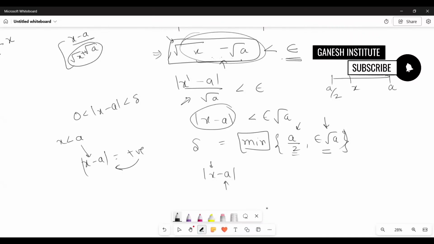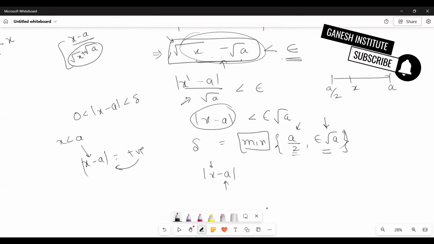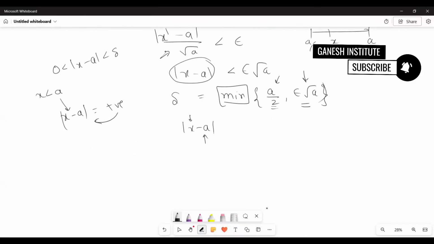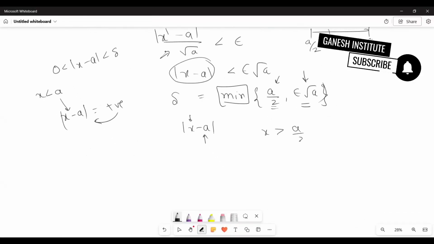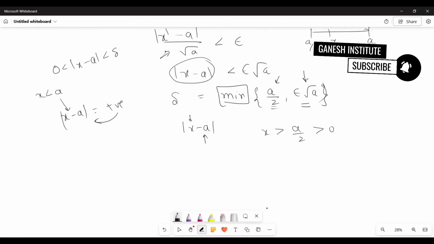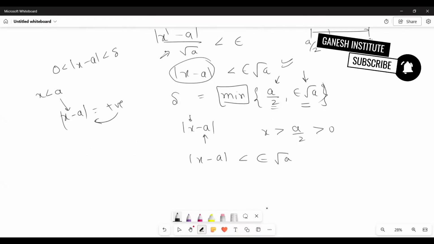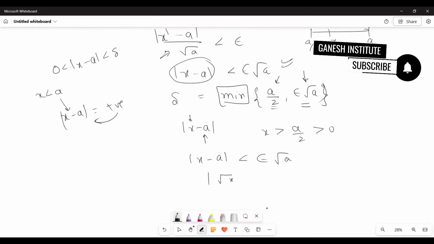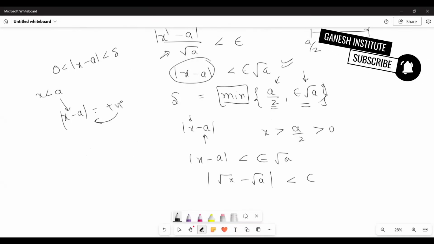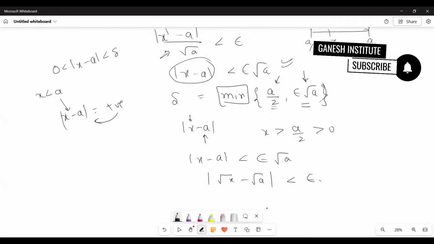So that means what is going to happen? I have assumed for this x is greater than a by 2, greater than 0. I have x minus a, which is less than epsilon root a here. So this means square root of x minus square root of a is lesser than epsilon root a or epsilon.